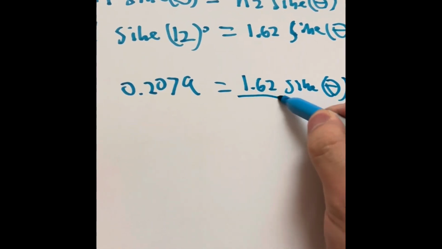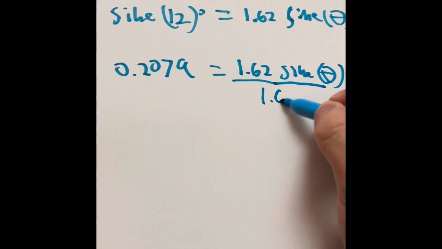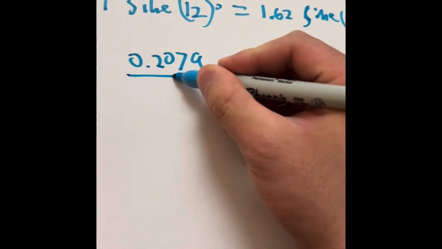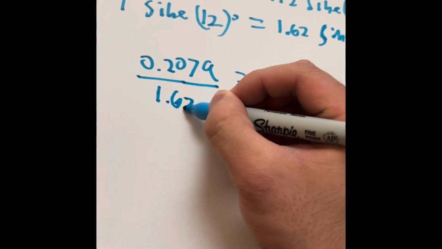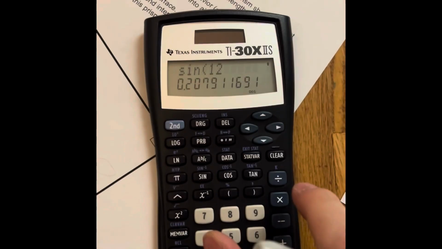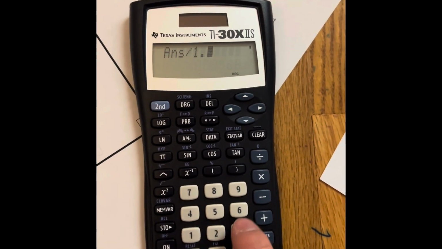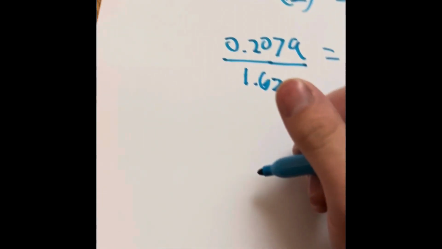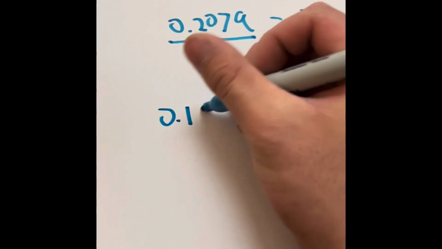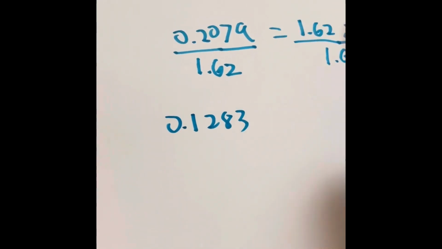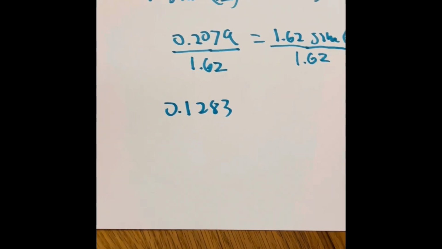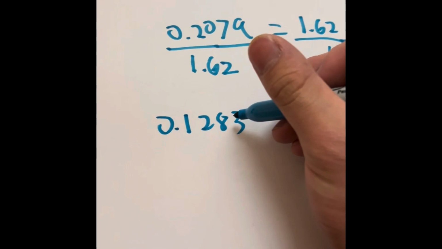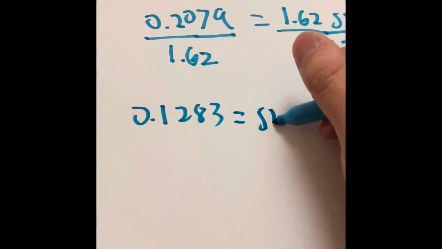Just like simple algebra, divide this side by 1.62, but also divide that side by 1.62. So on the calculator, divide by 1.62 and we get 0.1283. So now we have that the sine of theta is going to equal that.